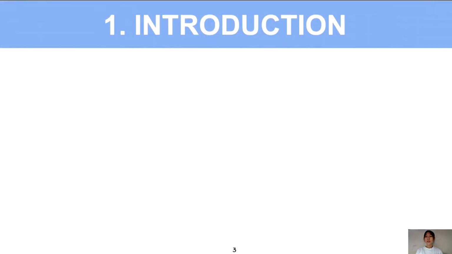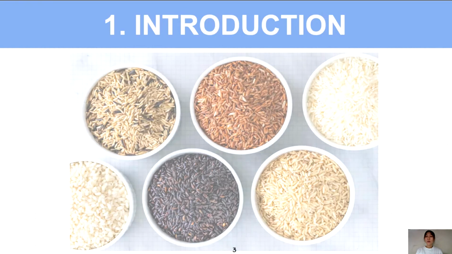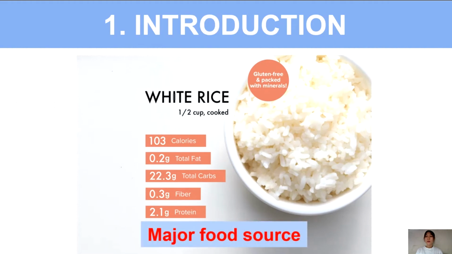First of all, let's start with introduction. I'd like to give you an overview of rice. There are various types of rice, such as white and colored rice varieties, that are grown across the globe. As you know, rice is considered one of the major food sources of the world due to its nutritional components, such as carbohydrate, fiber, and protein.